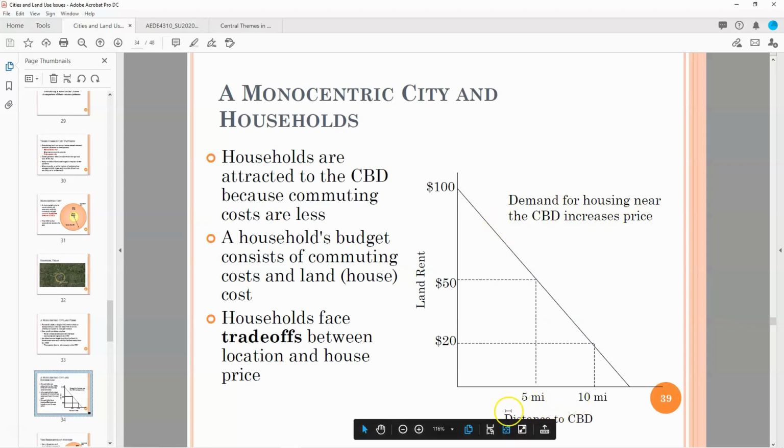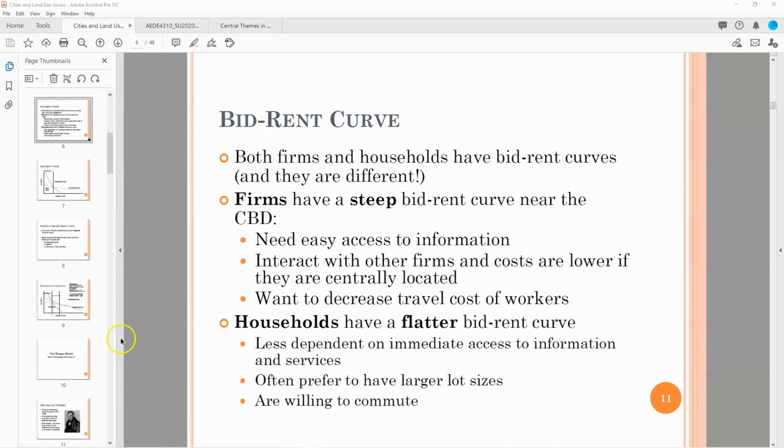And as we can see, when we are getting closer to the CBD, the price for housing is increasing dramatically. So households may have a flatter bid rent curve because they are willing to pay more for commuting, and they are less dependent on immediate access to information and services.